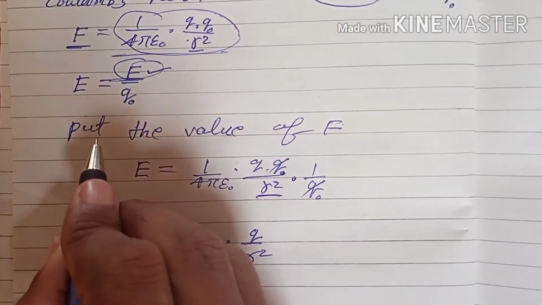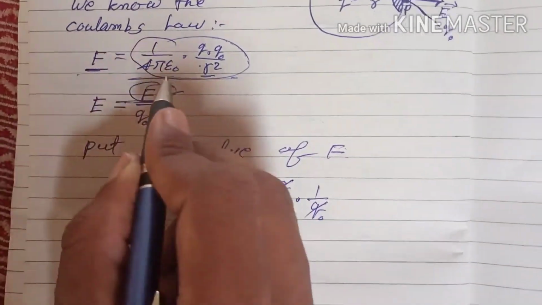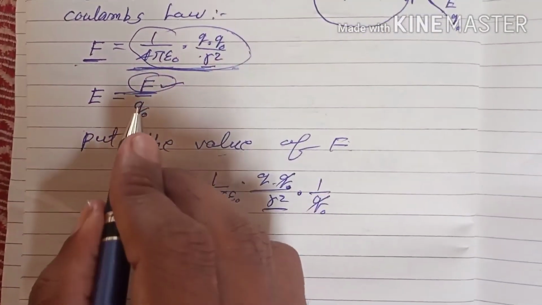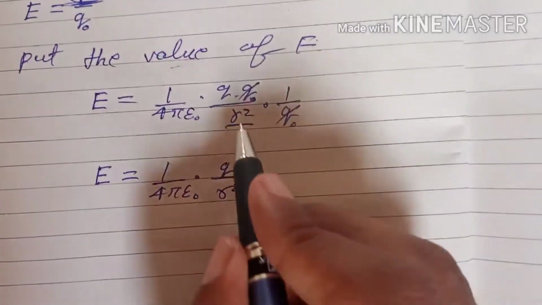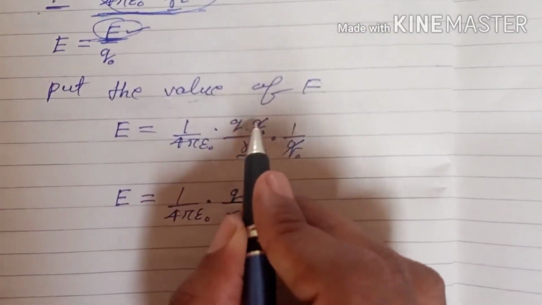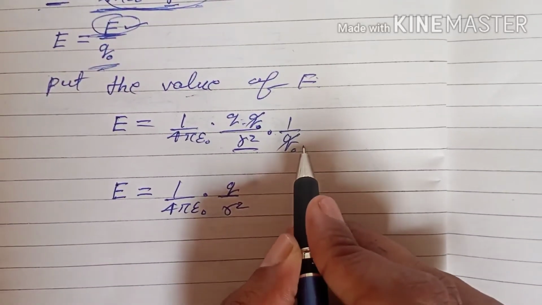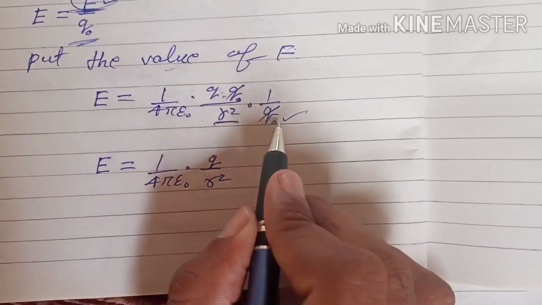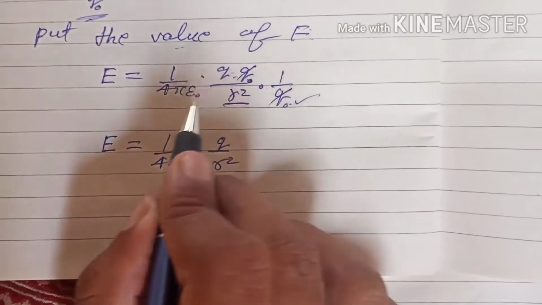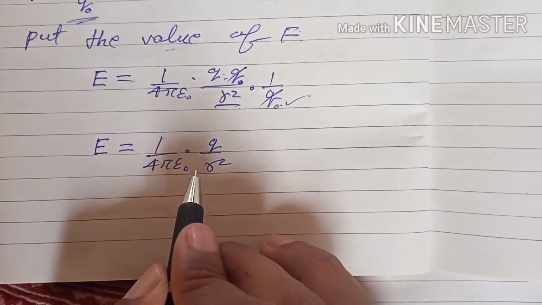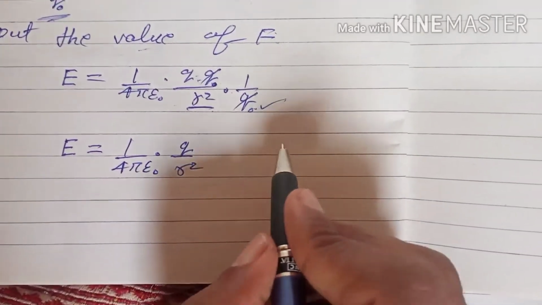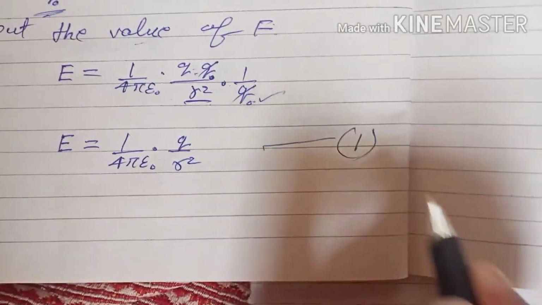Putting the value of F here, Q0 is cancelled by this Q0. So we get E is equal to 1 upon 4 pi epsilon naught into Q upon R square. This is equation 1.